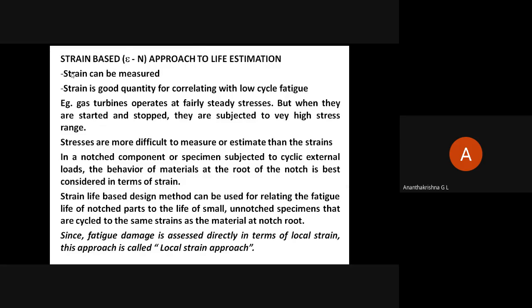So this is the heading. Please note down this heading: strain based approach to life estimation.